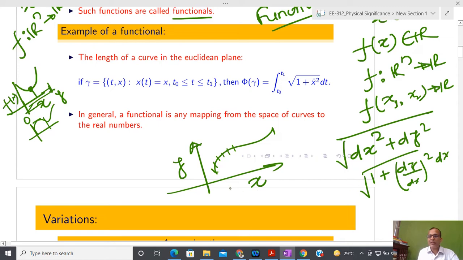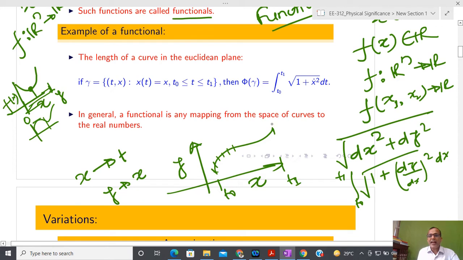Then the independent argument, suppose that is t0 to t1, so I am going to integrate the whole thing from t0 to t1. And after that, dy/dx you can give some kind of symbol, so I have given x dot. Suppose that this curve is formulated between t and x, then you can write x dot. So in place of x now I replace by t, in place of y I replace by x.